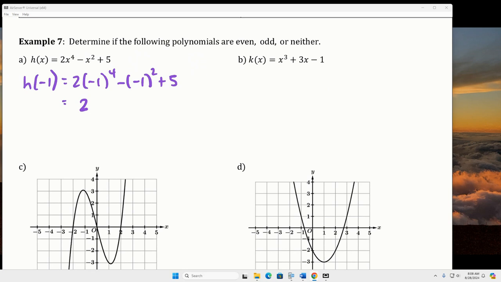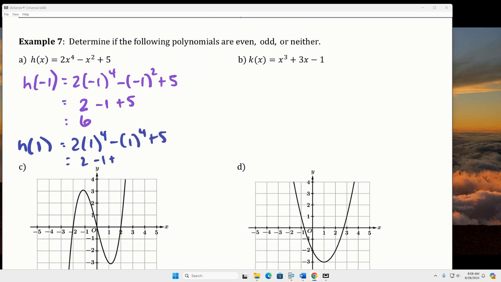Negative 1 to the 2nd is also 1. All right, and that's going to give you 6. Now, if this is odd, I would get negative 6. If this is even, I should get 6 again. All right. So because they're the same, this is an even function.